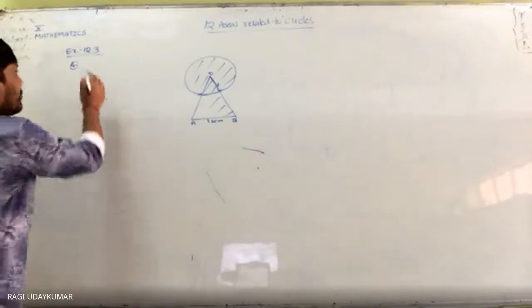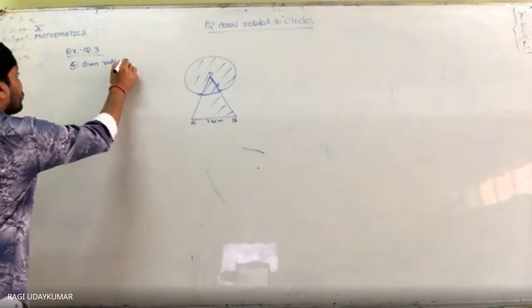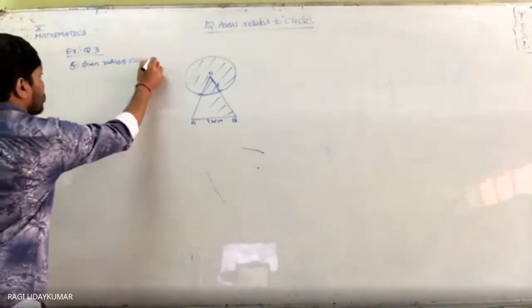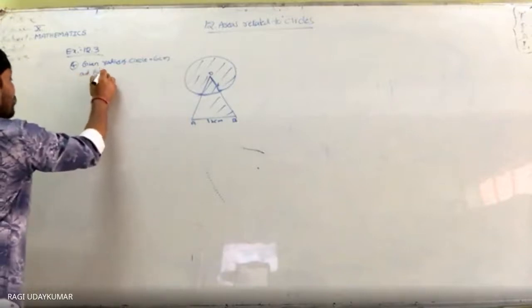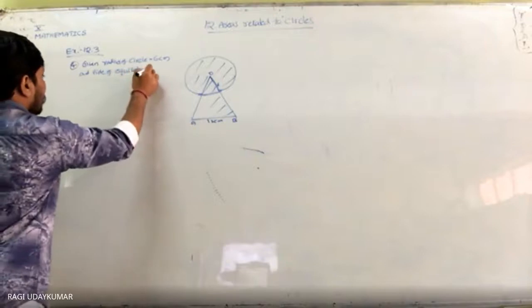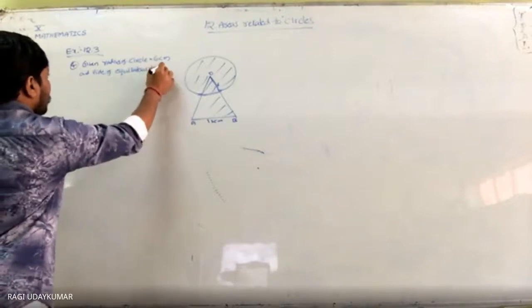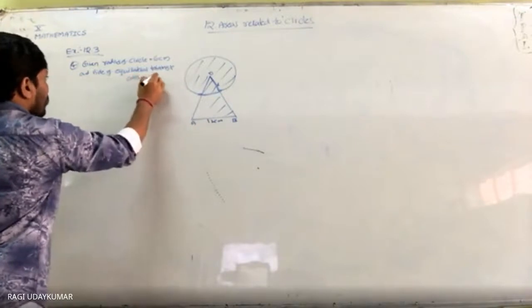What is given here? Given: radius of circle is equal to 6 centimeters and side of equilateral triangle OAB is equal to 12 centimeters.